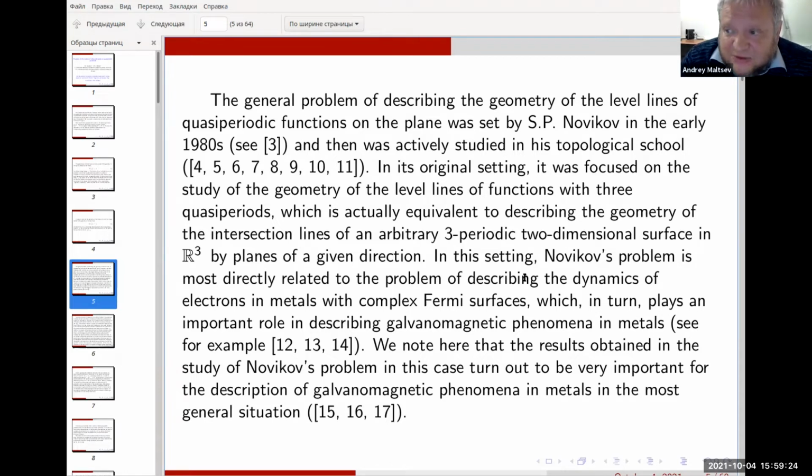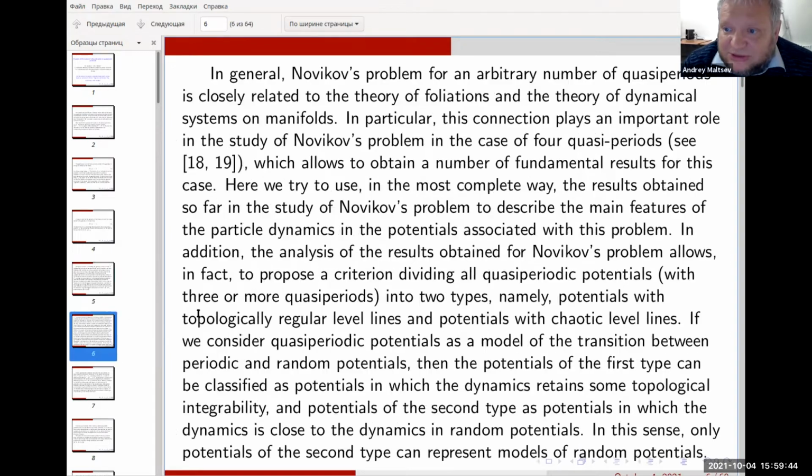The first physical applications of the results obtained were in the theory of transport phenomena in normal metals. But here we are going to consider just the transport phenomena in two-dimensional systems, and our potentials will be just normal potentials in the coordinate space.